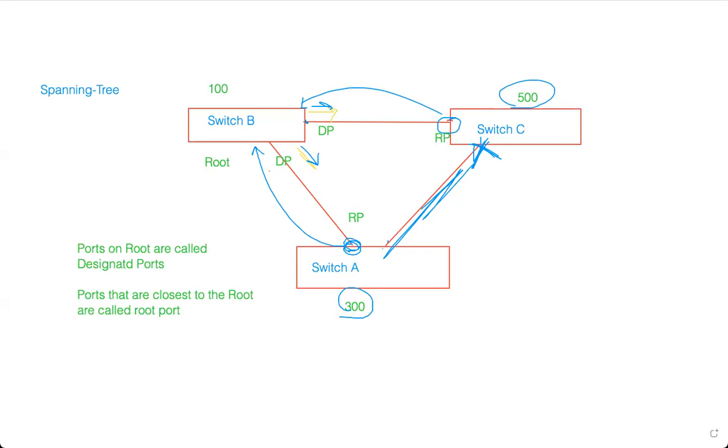The ports that are closest to the root are called root ports. And the port that is blocked is called a blocked port, right? So whichever port is blocked, we can call that alternate or blocked port.